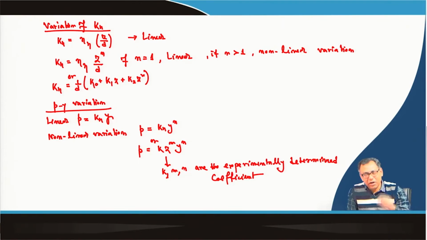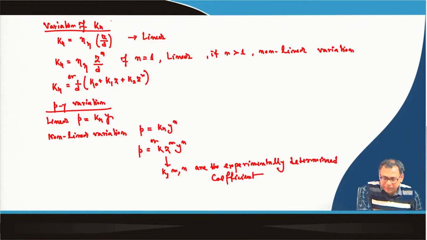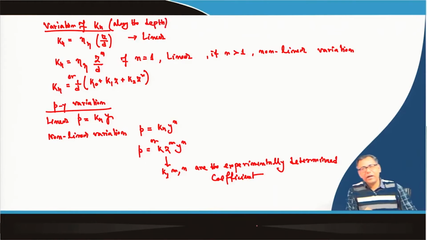You can put the non-linearity in the variation of the kh along the depth. So, this variation of the kh is along the depth. So, that we can incorporate in this equation, and then we can solve it. Okay.